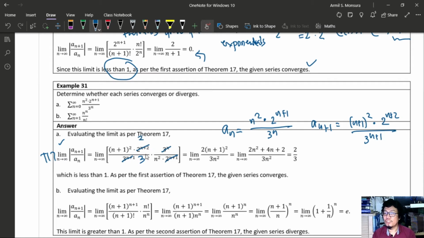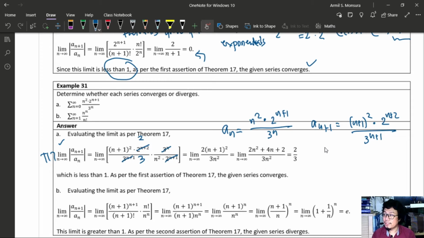So we have here 2 times (n+1) squared over 3n squared. Now, multiplying this out, we have n squared plus 2n plus 1 multiplied to 2. So we have 2n squared plus 4n plus 2, while the denominator is still 3n squared. And then to evaluate the limit as n approaches infinity, we divide everything by n squared.